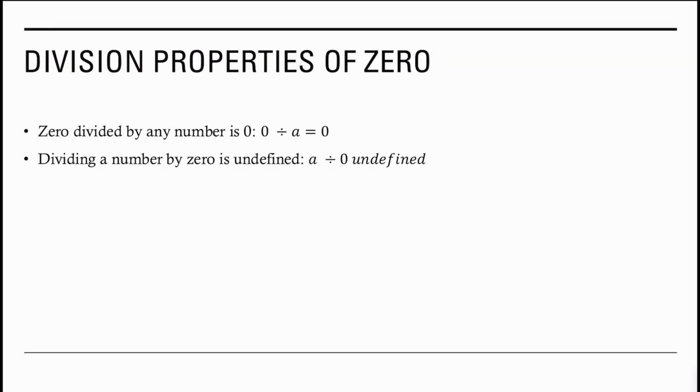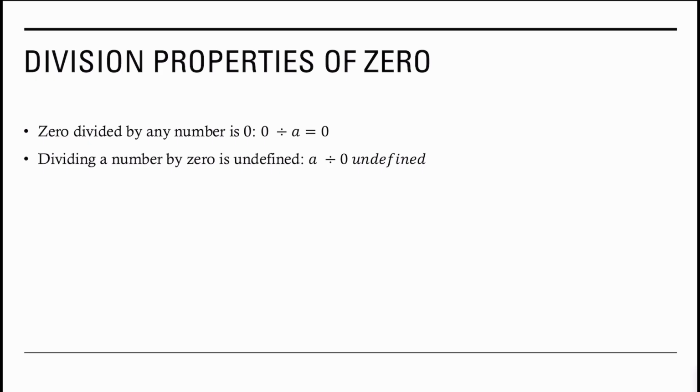So just as we had division properties of 1, we also have division properties of 0. This is a little bit more complex in a sense, but it's important as you go into algebra to understand this, and too many people don't. So the first one is kind of intuitive. So any 0 divided by any number, 0 divided by 100, 0 divided by 1,000, well, you can't split 0 because there's nothing there.